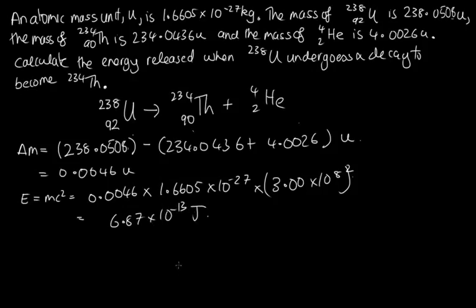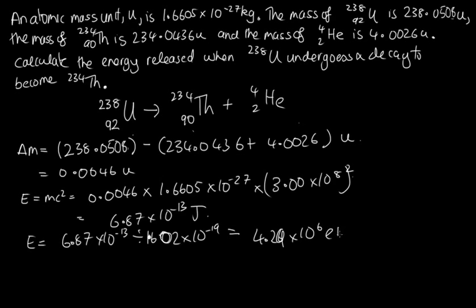Now, as we said before, electron volts are a more useful unit, so to get the energy in electron volts we divide by 1.602 times 10 to the minus 19. That gives us 4.29 times 10 to the 6 electron volts, which is equal to 4.29 mega electron volts. And so that's the amount of energy that is released.